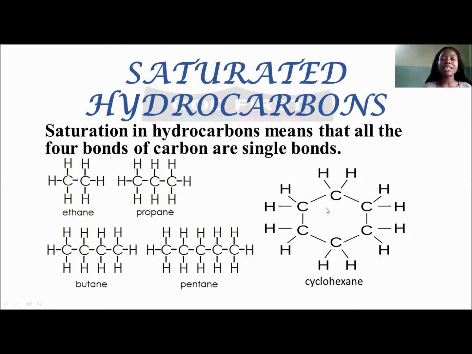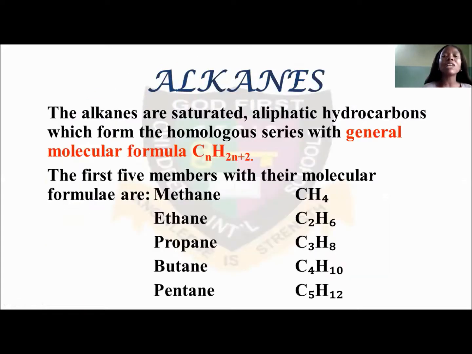What I'm saying in essence is that saturated hydrocarbons are the alkanes and the cycloalkanes. Those are the saturated hydrocarbons that exist. So let's look at the alkanes proper. The alkanes are saturated aliphatic hydrocarbons.